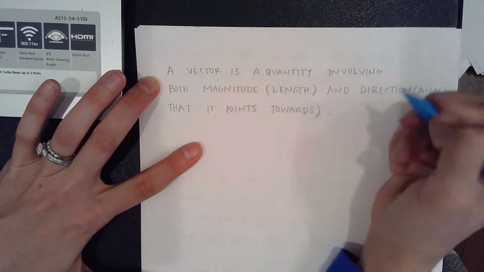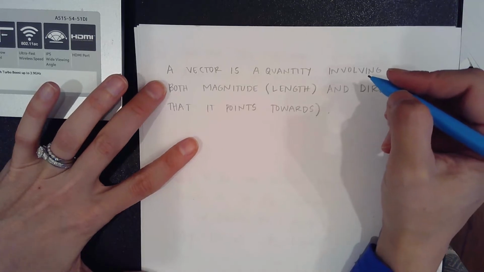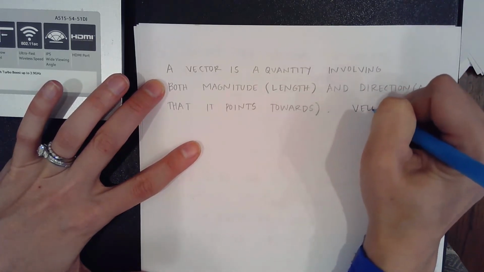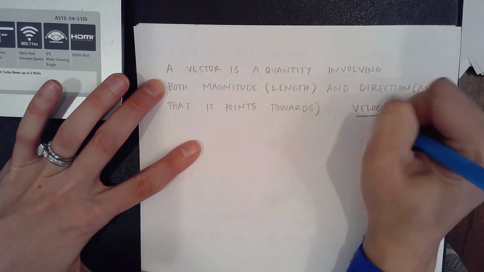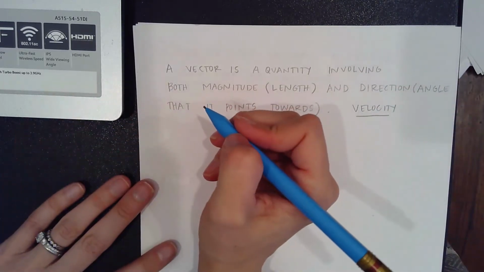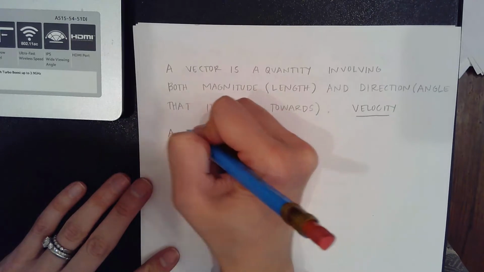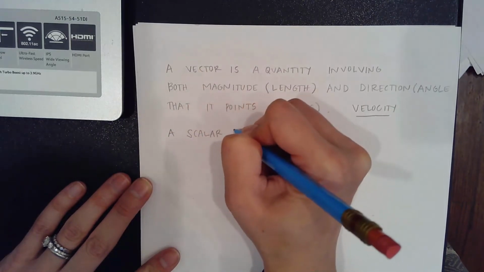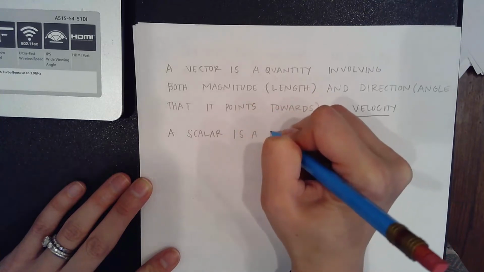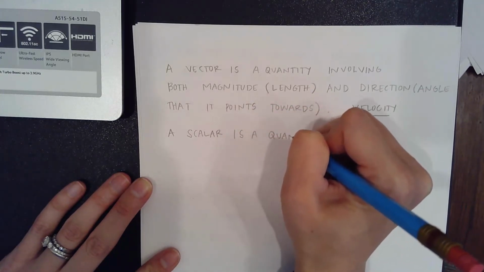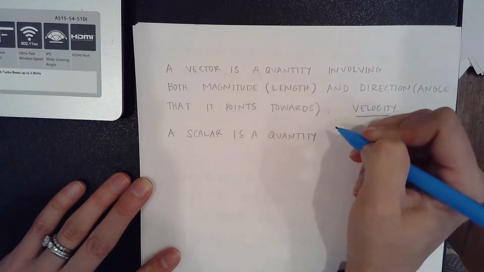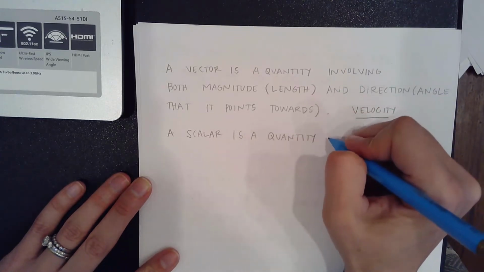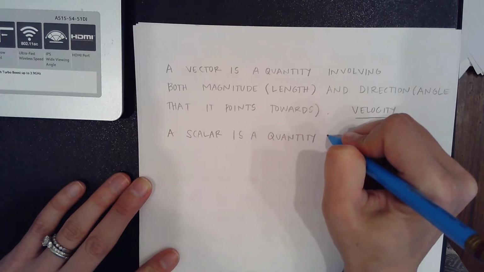Okay, so an example of a vector quantity is velocity. We also have a scalar quantity, something that's called a scalar. But a scalar is a quantity involving just magnitude.